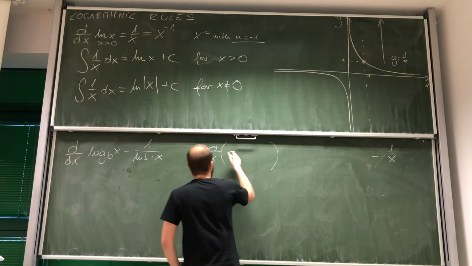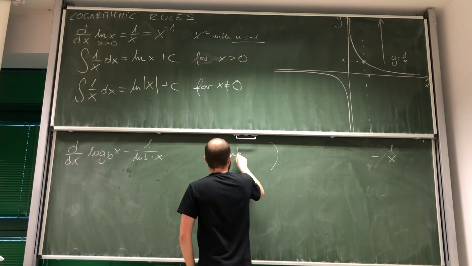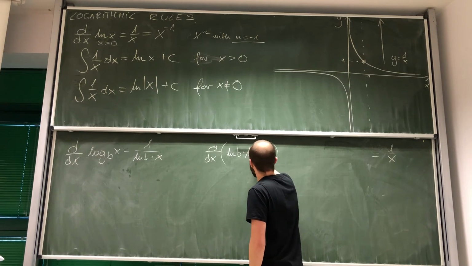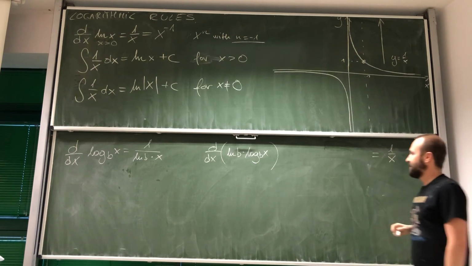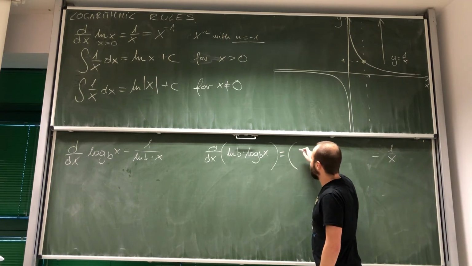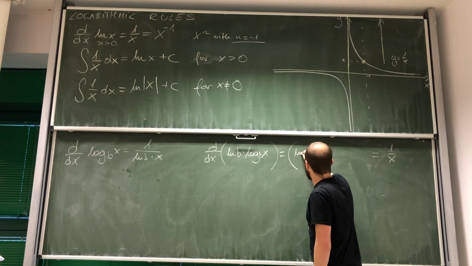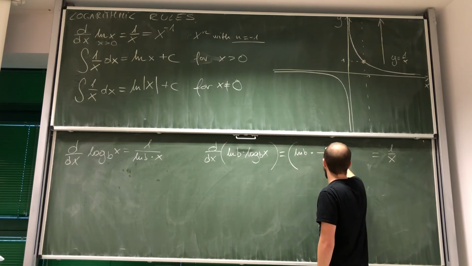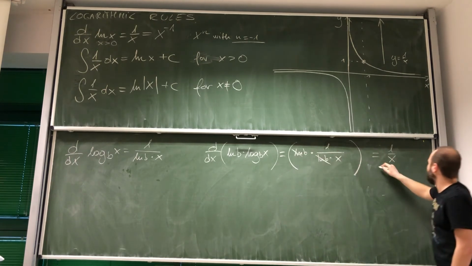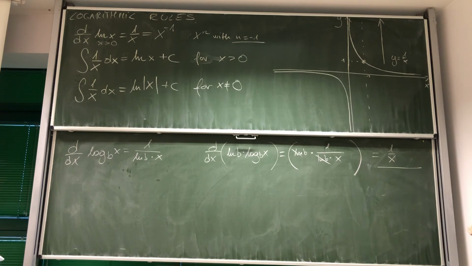Look, if I have ln b times the logarithm base b of x, what will I get? The derivative of this is going to be ln b times 1 over ln b times x. Those two cancel each other out, we get 1 over x.